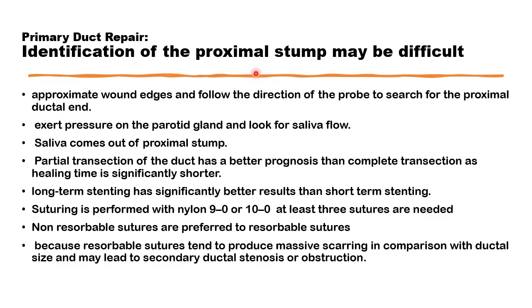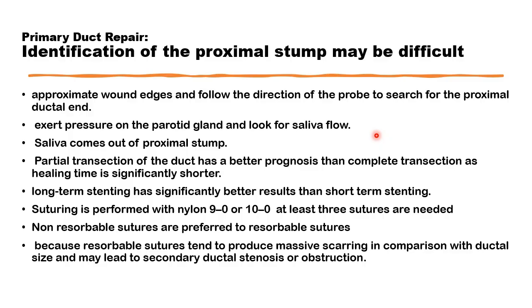If it cannot be identified, you can still press on the residual salivary tissue. Applying pressure on this tissue may squeeze out some saliva from the parotid end of the duct and help in identifying the divided proximal end of the duct.